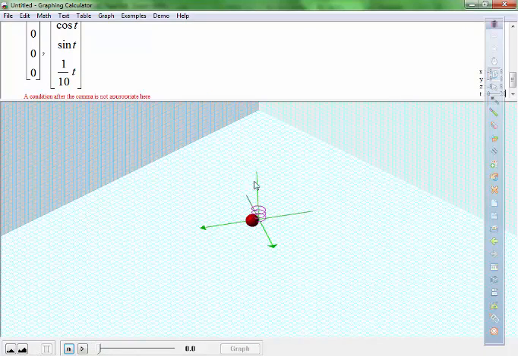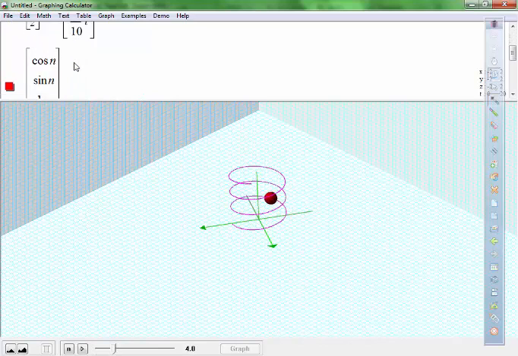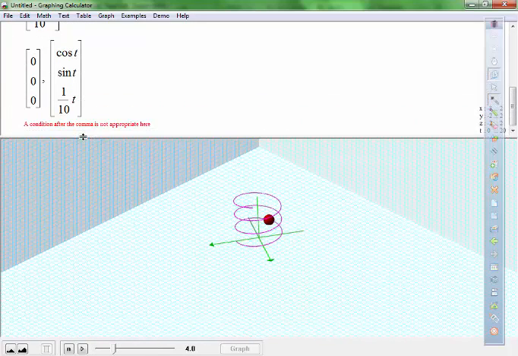That ball's too big. I need to change my settings.